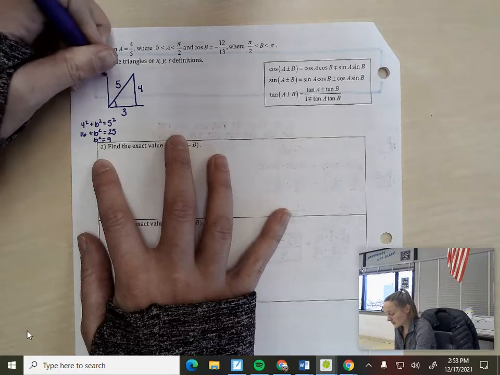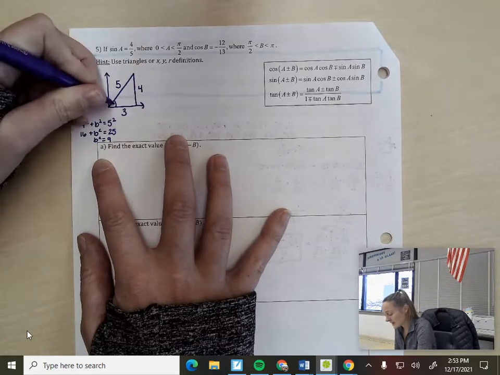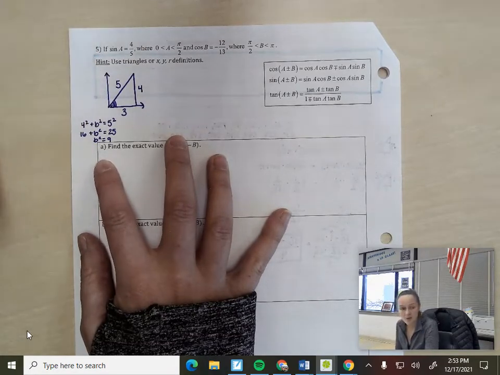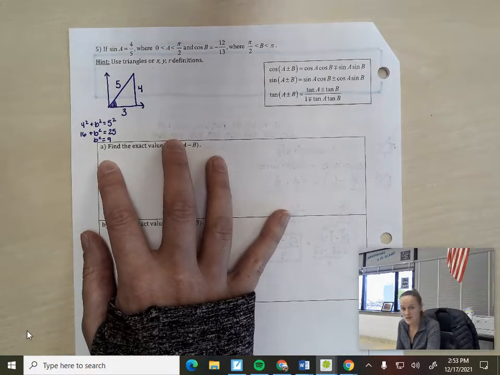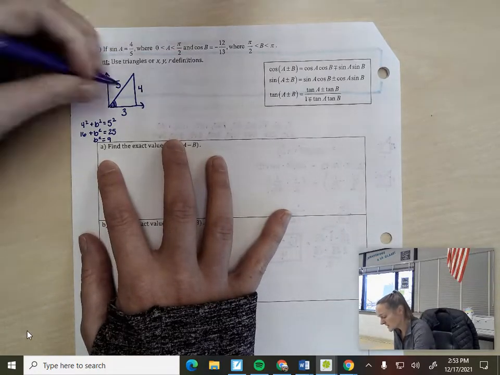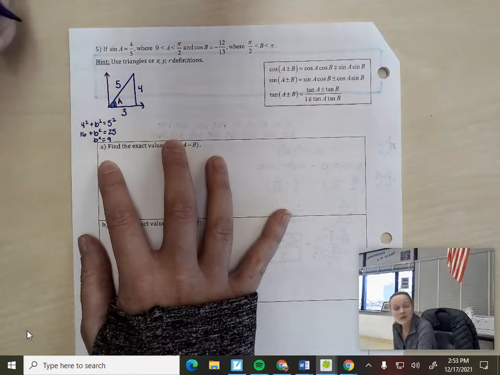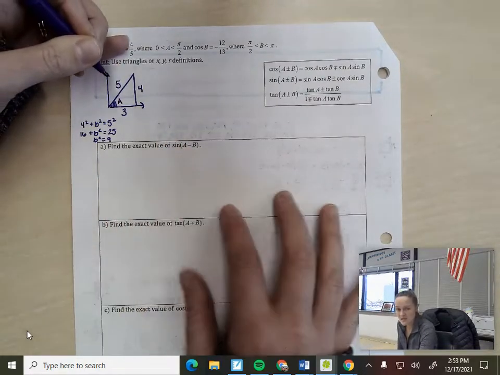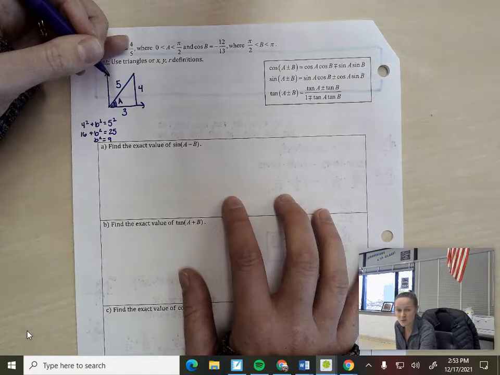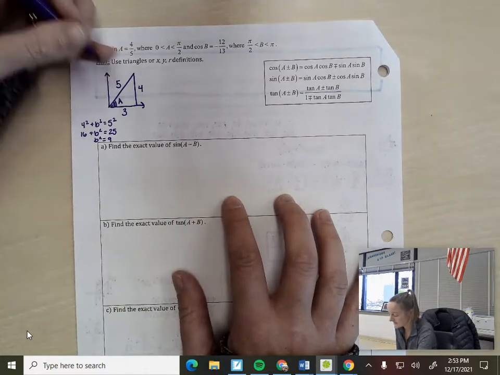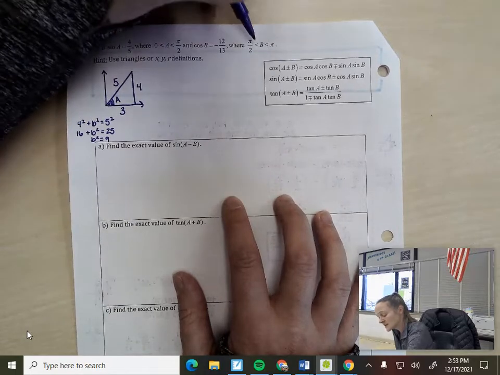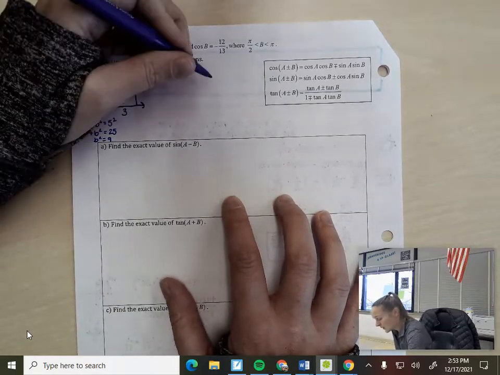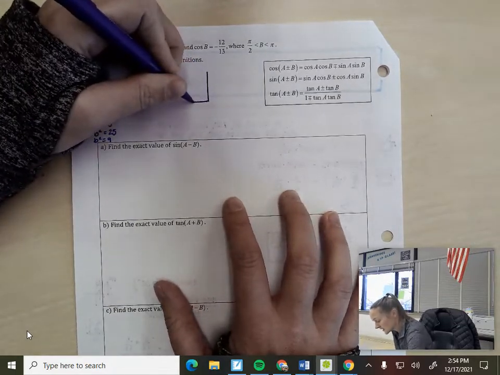What's important to notice is that I'm creating the angle between the hypotenuse and the x-axis. That's super, super important. I should label this A. The next one says cosine of B equals negative 12/13. Cosine is adjacent over hypotenuse. It's also telling me that B is between pi/2 and pi, which is the second quadrant.